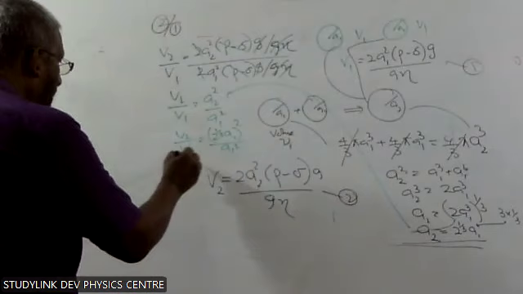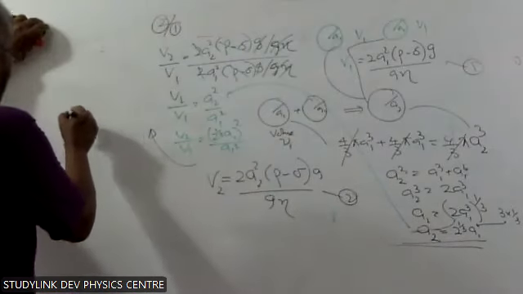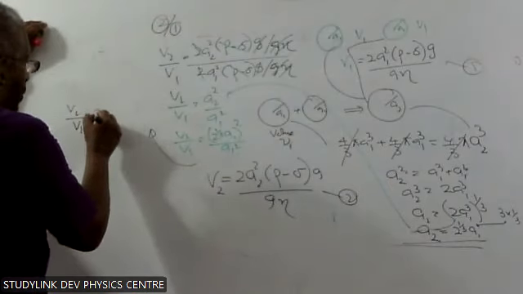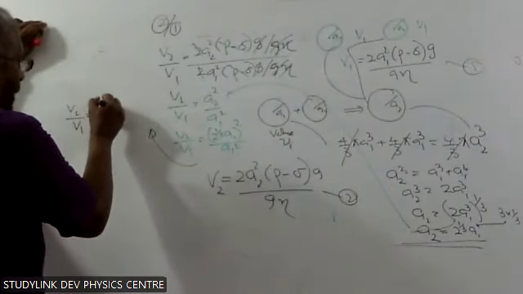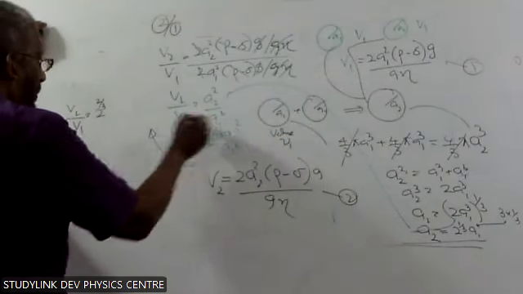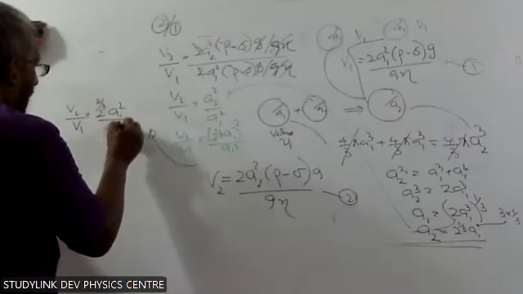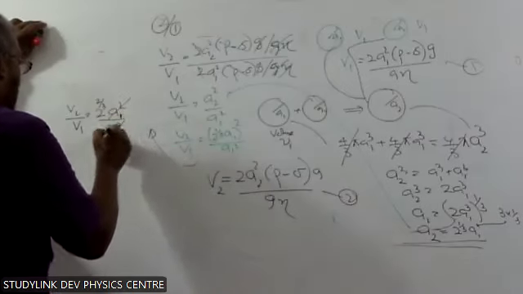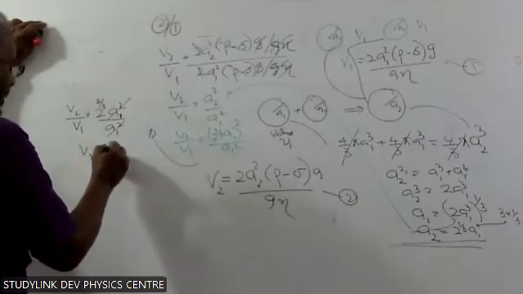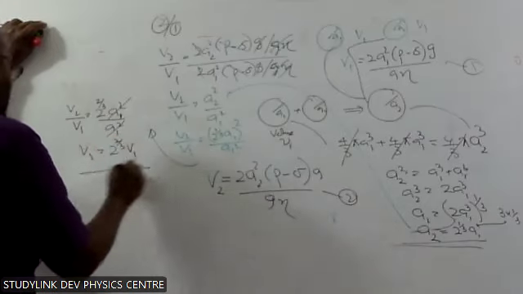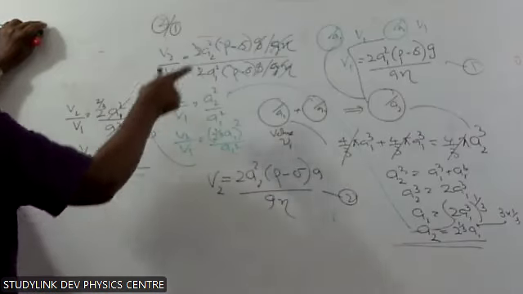Then this can be simplified. V2 over V1 is 2 to the power 2 by 3, and A1 squared over A1 squared cancels off. Then V2 is equal to 2 to the power 2 by 3 times V1. V1 is given as 2.